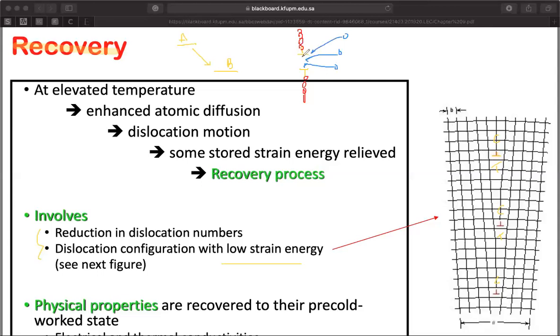Well, those atoms will fill those vacant positions, and as a result you're going to annihilate the dislocation that you have over here. So as a consequence of this, you reduce the number of dislocations that you have. So this is scenario number one.